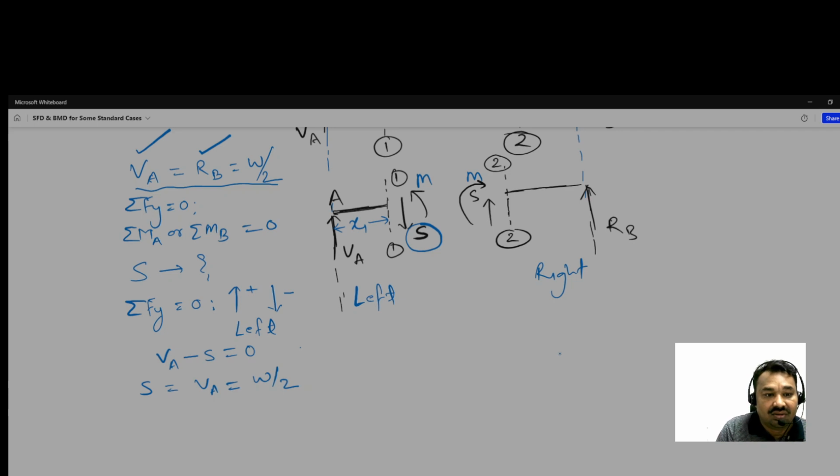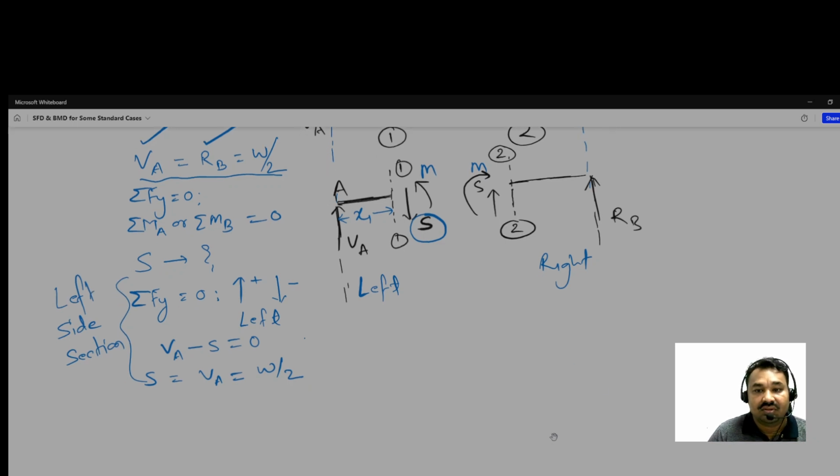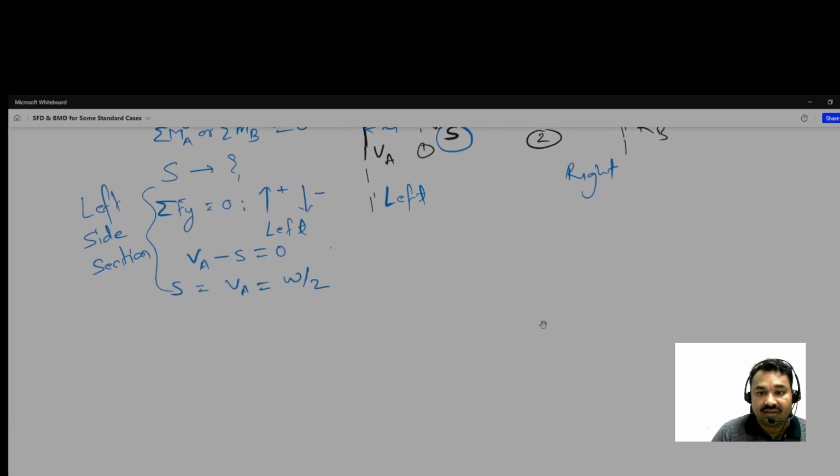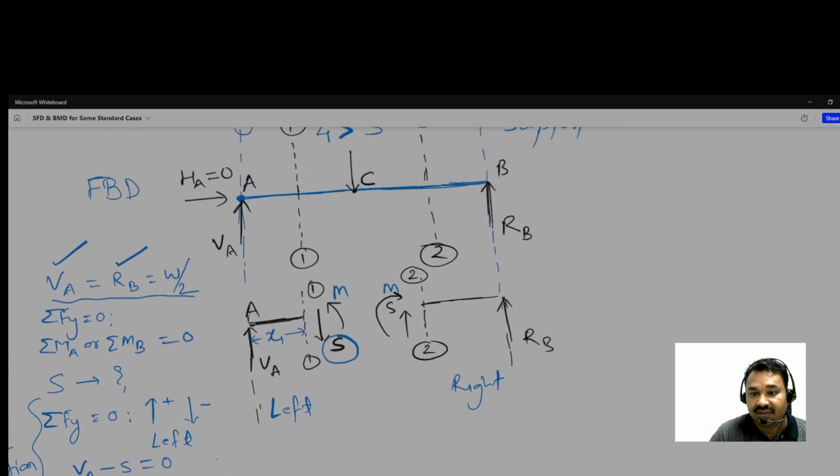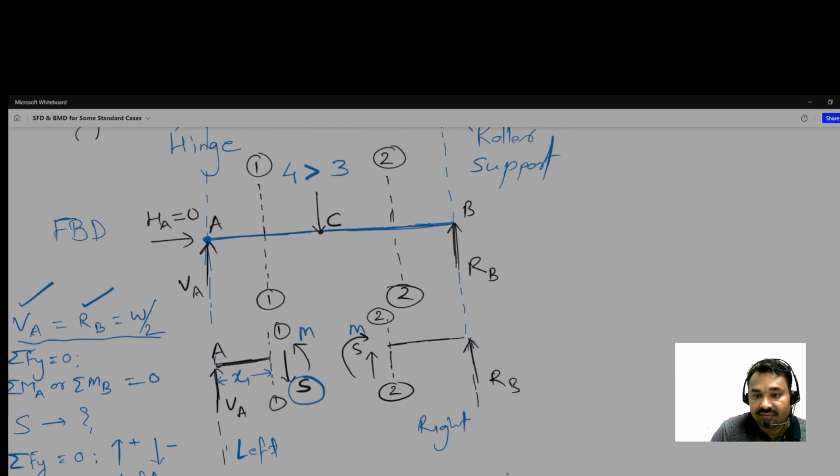What about the right side section? Better to do it on this side. Right side section. Okay, so here the upward direction, we take just the opposite.